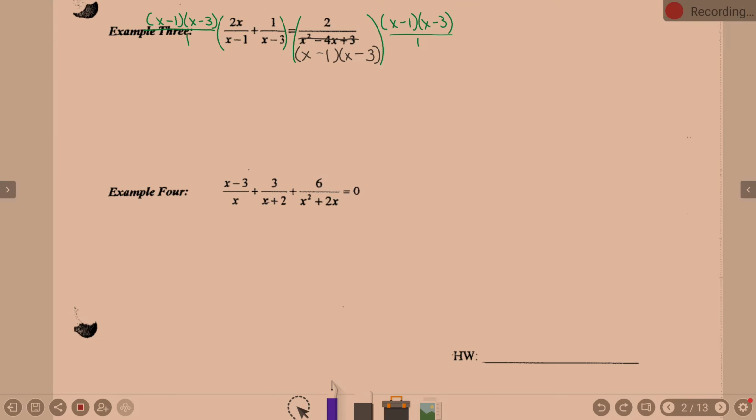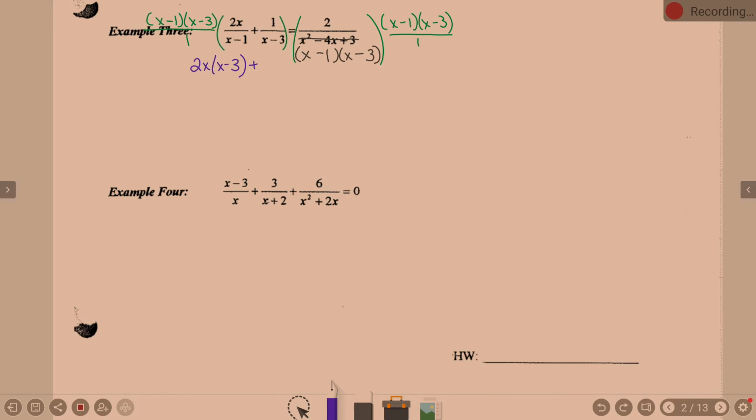Okay, starting on the left. What happens when you take x minus 1, x minus 3, and you multiply by 2x over x minus 1? What happens here? X minus 1 will cancel with x minus 1, leaving us with 2x times x minus 3.